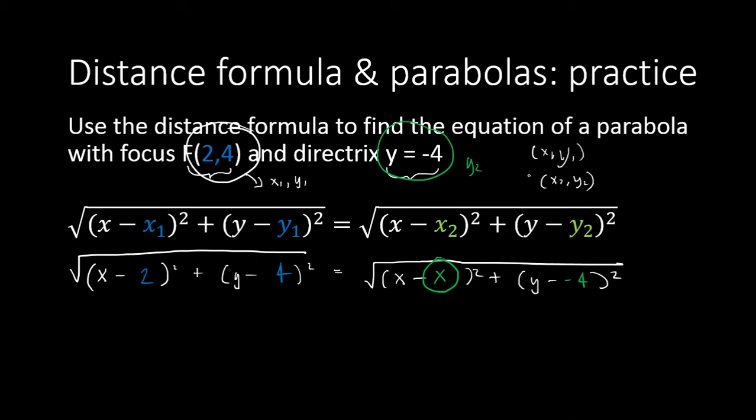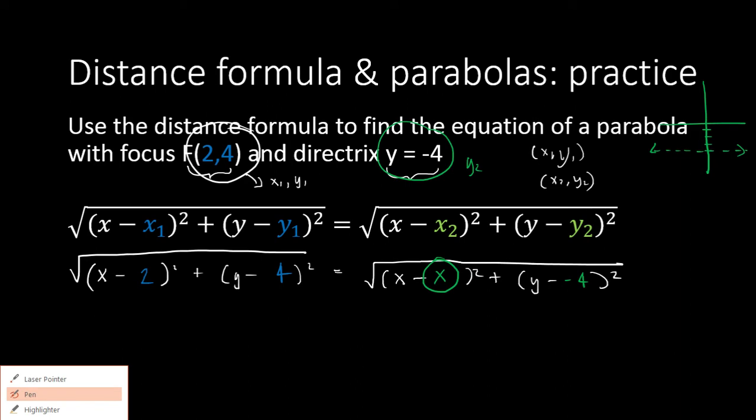I'm talking about the directrix line y equals -4, right? So if this is my directrix, there's no one x value for this line. That doesn't make sense, okay? It's a line. So we write x. From here, it's a matter of simplifying, but there will be a little bit of a trick to it. So let's start off with some basic simplification.